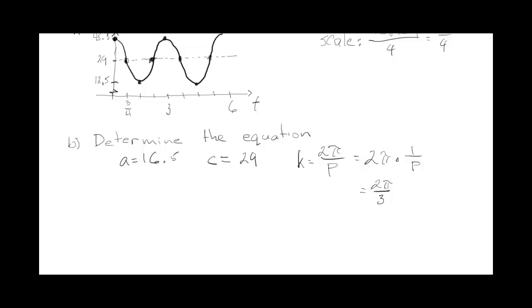Then the phase shift would depend on which type of function we want, sine or cosine. Because it starts at its highest point, it's probably easiest to just use a cosine function, and then you don't have a phase shift, because a cosine function starting at its maximum doesn't have a phase shift. So 16.5 cosine of 2 pi by 3 t plus 29, and that would work.